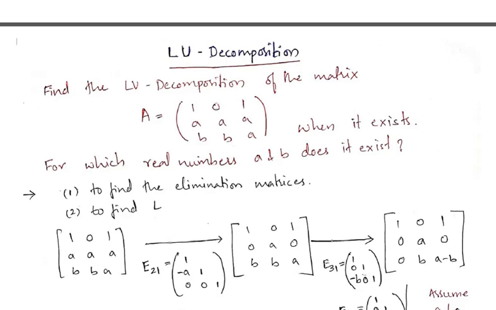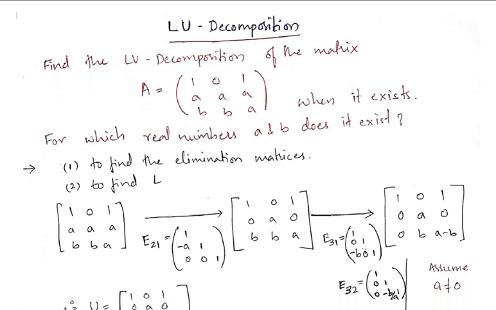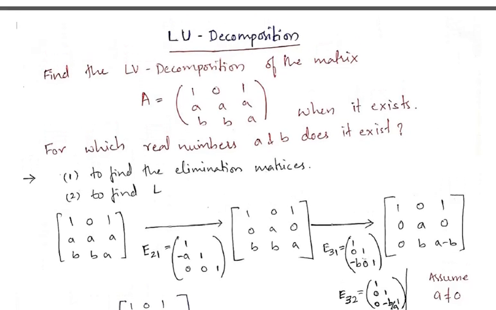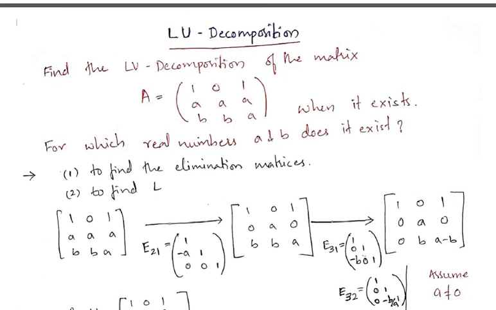Coming to the question: find the LU decomposition of the matrix A, which is [1 0 1; a a a; b b a], when it exists. For which real numbers a and b does it exist? The procedure is we first find the elimination matrices and then find L, the lower triangular matrix.